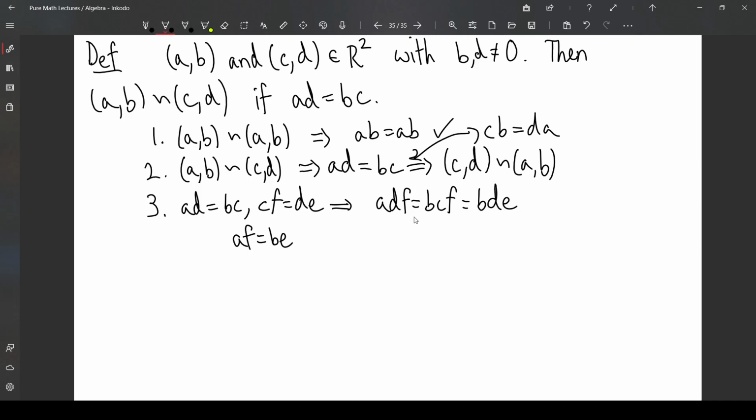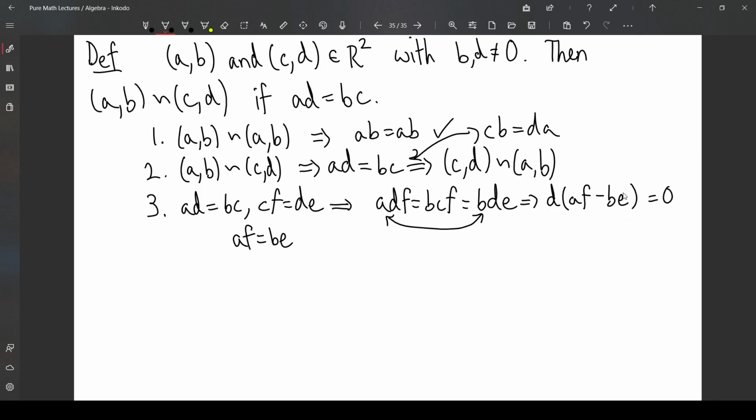And then BCF is equal to B times DE. And then we take this equality and we subtract on both sides BDE, and we can factor out a D. So we get D times (AF minus BE) equals 0.